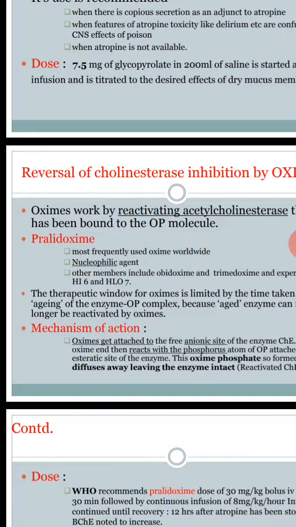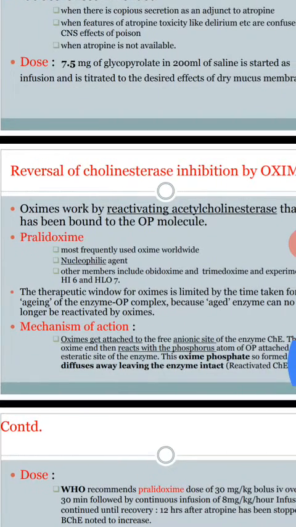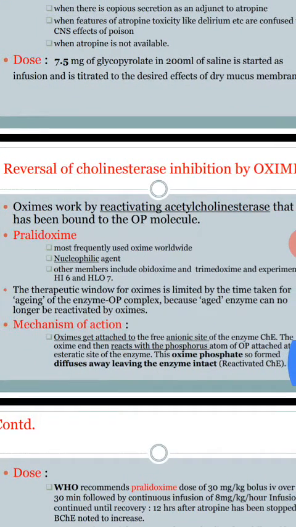By administration of oximes, they simply reactivate the acetylcholinesterase enzyme. Once it is reactivated, it immediately breaks down the accumulated acetylcholine at the muscarinic and nicotinic sites, which helps decrease the manifestations of organophosphorus poisoning.